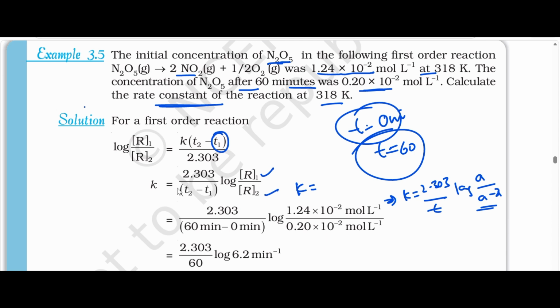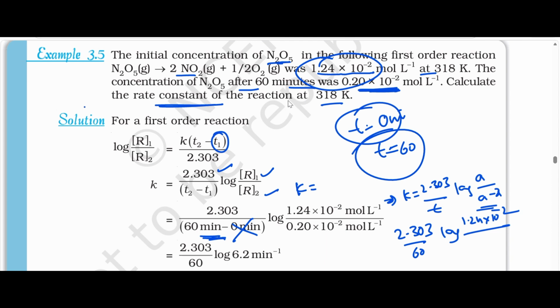So k equal to 2.303 by 60 minutes, obviously initial time 0 minutes, into log of A, the initial concentration they have given as 1.24 into 10 power minus 2, divided by A minus X. That means after 60 minutes, what about the concentration of the reactant?